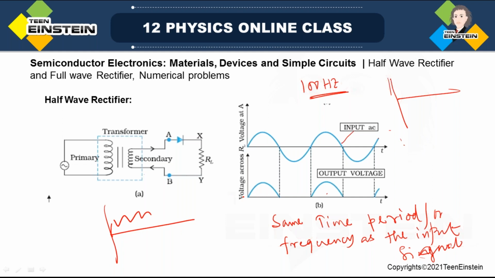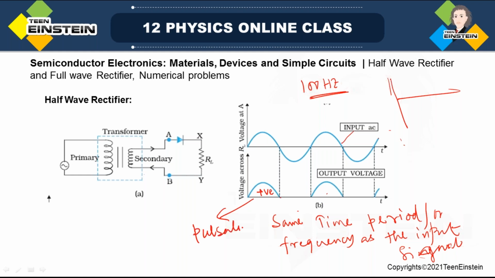So in this case, you look here, you are getting an output signal which is always positive. It doesn't have any negative value. So this has unidirectional voltage, but this voltage is not a constant voltage. It is a pulsating voltage, called a pulse because it comes out like a pulse.